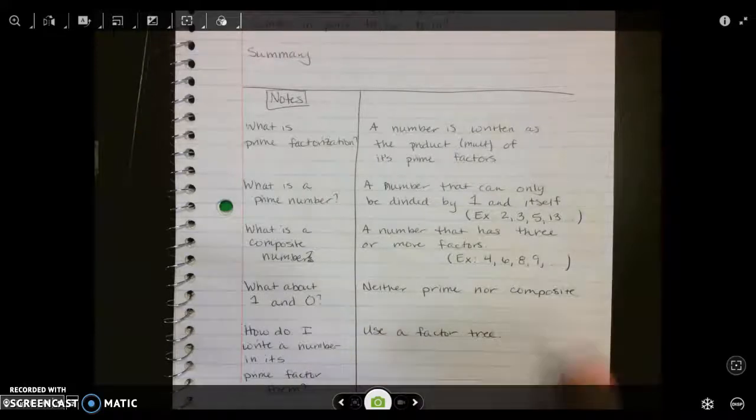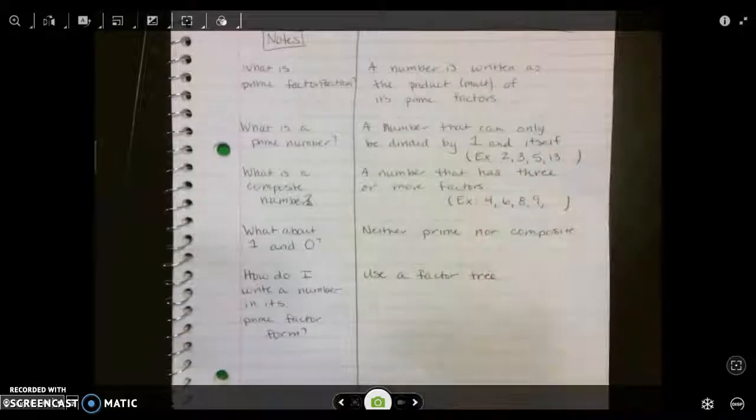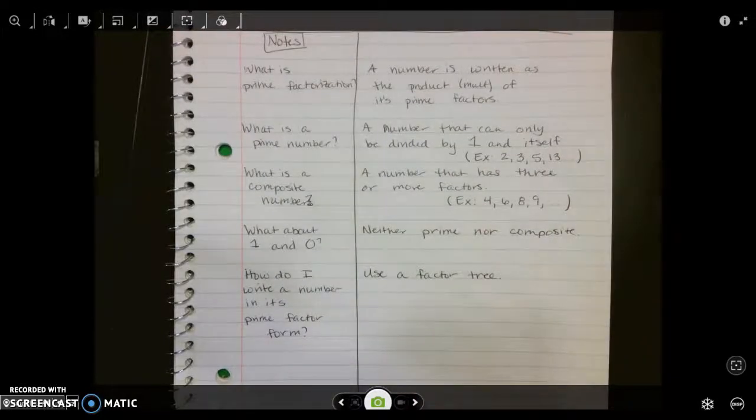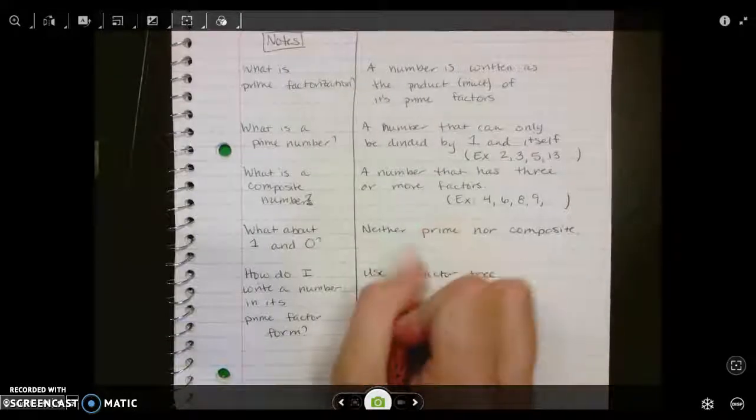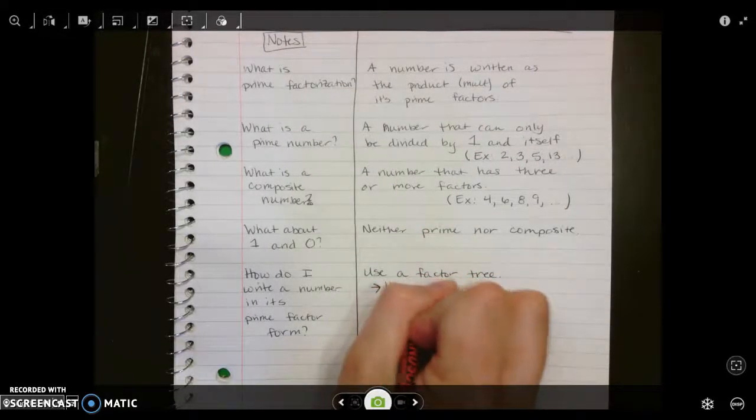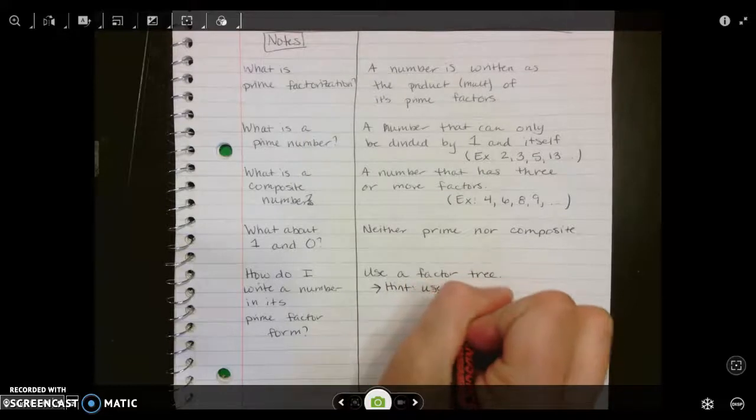And I actually had shown you an example of a factor tree back when I did the divisibility rules. And divisibility rules really come in handy. So I'm actually going to put that down too as a hint. Use divisibility rules to help.